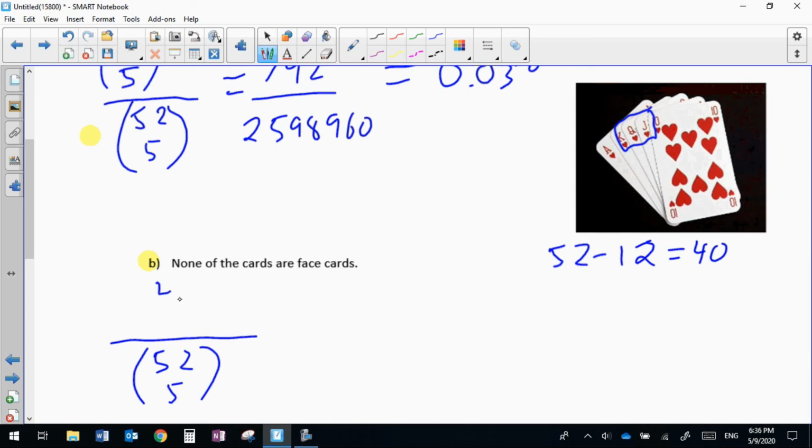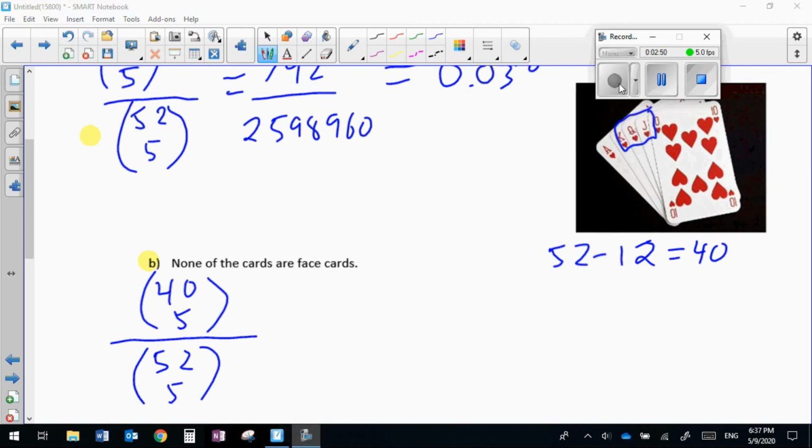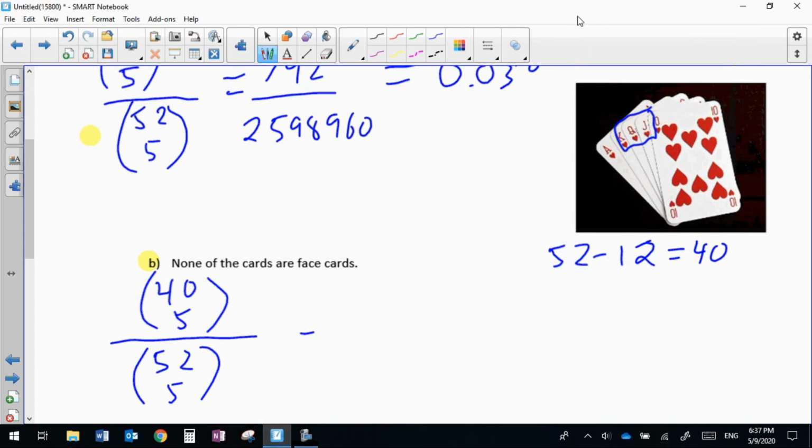So 40 choose 5 divided by 52 choose 5 will give us our answer. And without showing those big numbers, you get approximately 25.3%. So about a 25.3% chance you'll get 5 cards and not a single one of them will be a face card. Seems kind of reasonable.